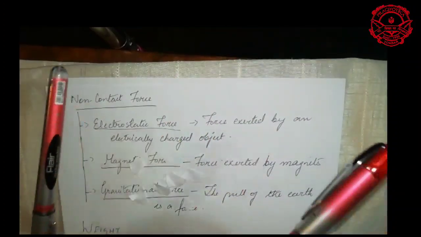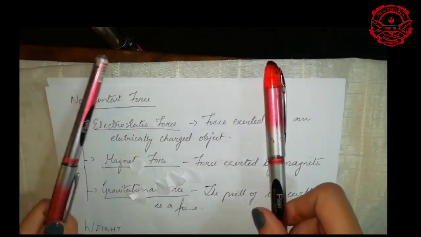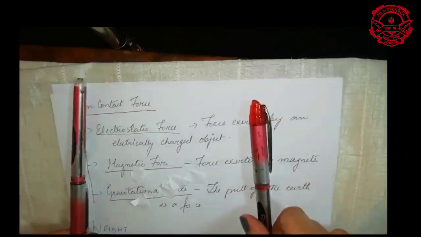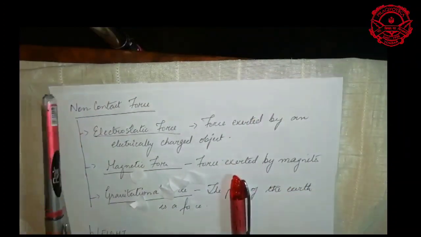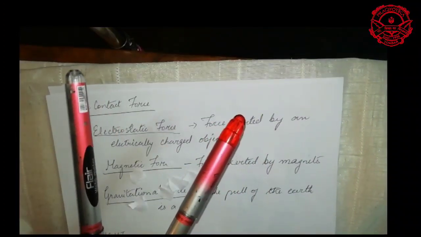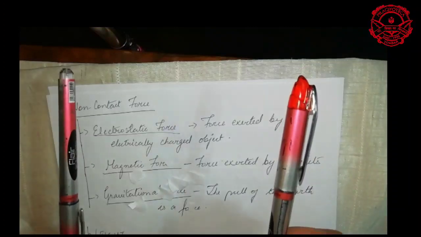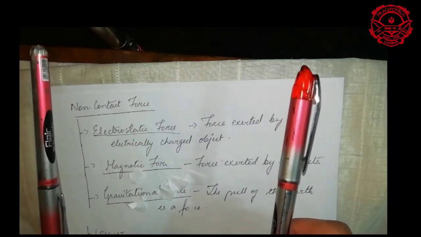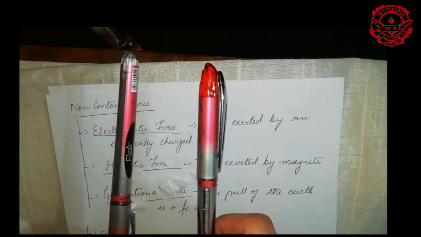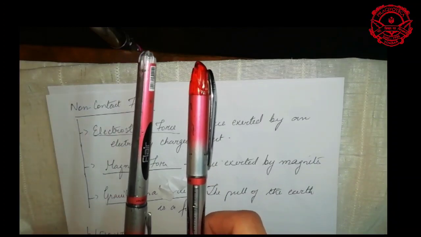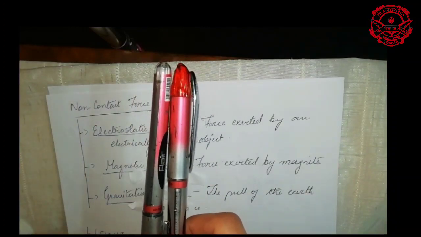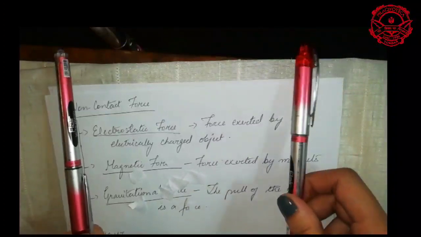At the same time, suppose I rub these two straws with a sheet of paper, both will become electrically charged. And since I have rubbed both straws with paper and they have become electrically charged, if I bring them near one another, instead of attracting, they will start repelling from each other.